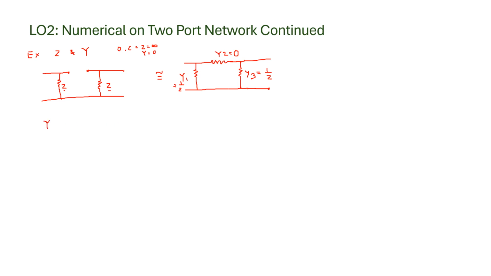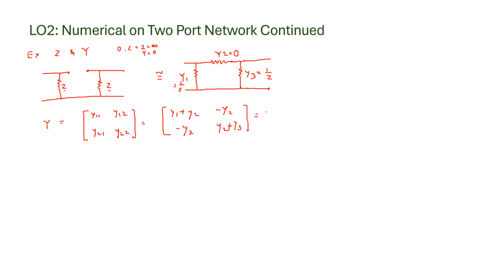So what is the y parameter? We have y11, y12, y21, y22. Now what is y11? Y11 is y1 plus y2, minus y2, minus y2, y2 plus y3.